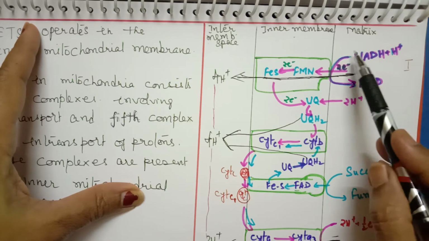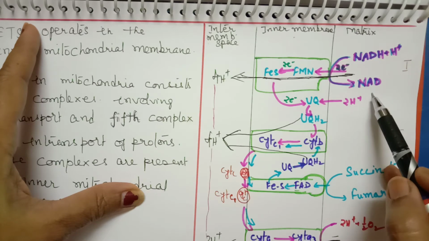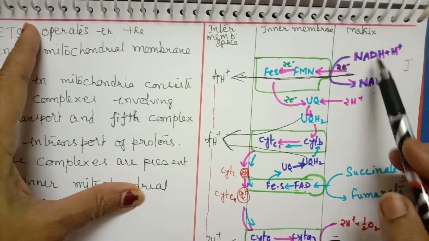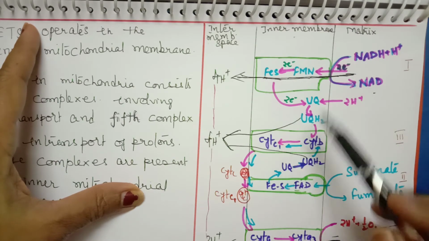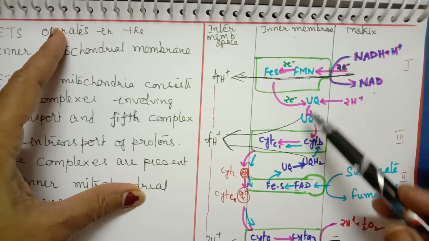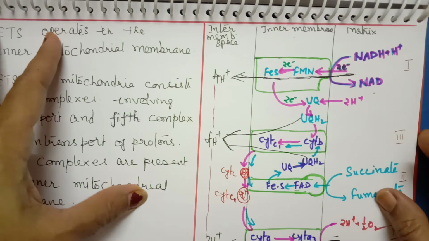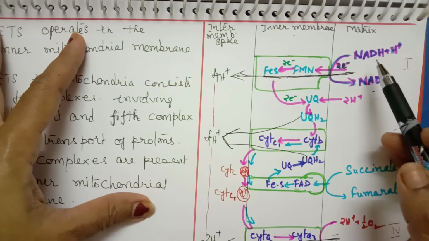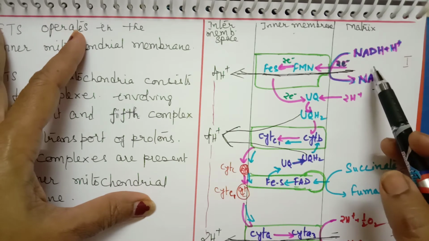When NADH2 is oxidized, it will produce NAD. And during its oxidation, how the electrons will pass through the chain, what are all the cytochromes and complexes, that's what we are going to understand through this diagram. So let us first see NADH2 formed in matrix.